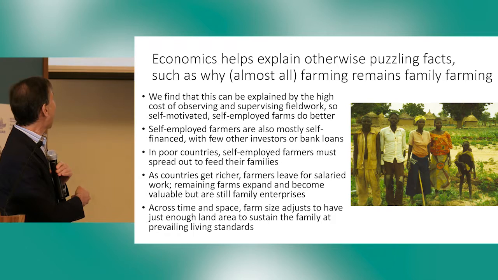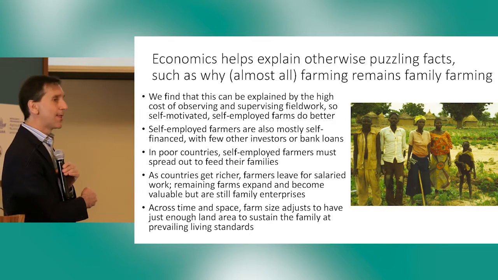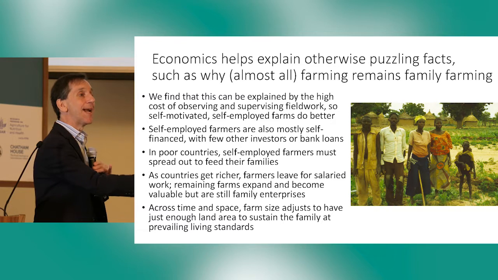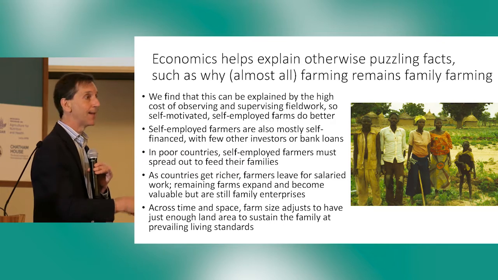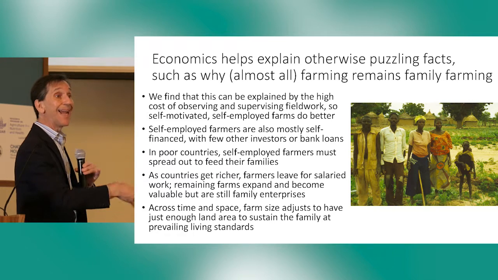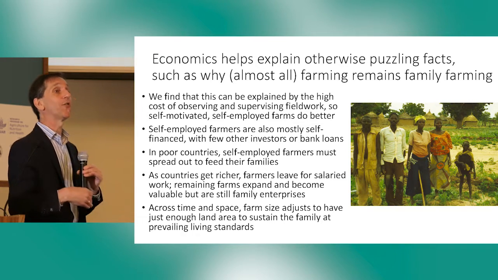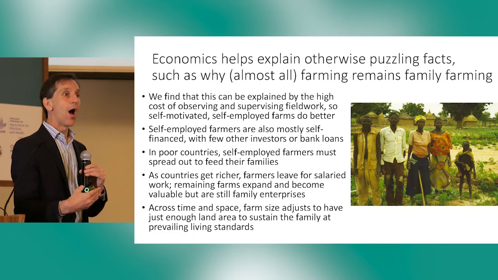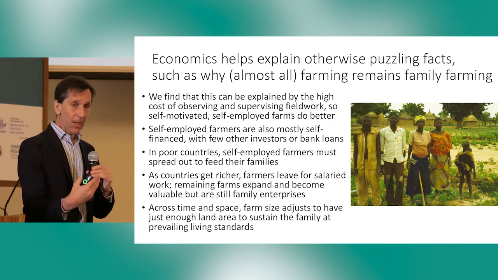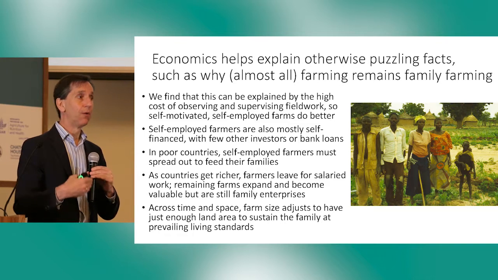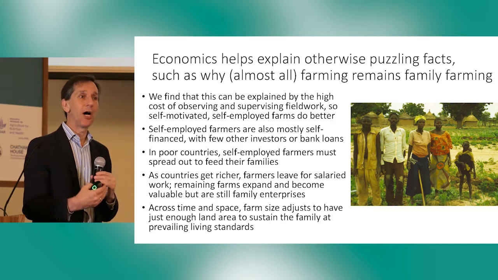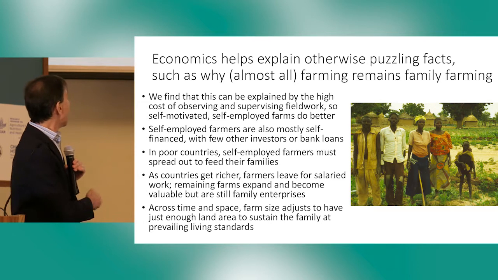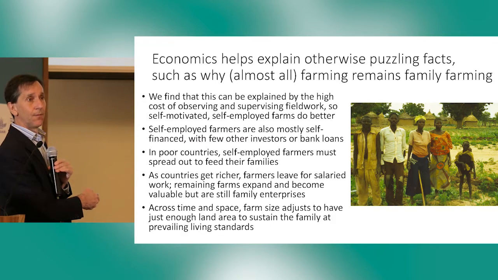And the remaining farmers who stay behind, those farms can then take over the neighboring land, if that's possible. If the neighbor has left, they can farm that land. And as a result, they gain a larger area of land. They may also have improved seeds, also have improved water, pest control, soil fertility management, and access to transportation, off-farm services, and so forth. So they can become very valuable.